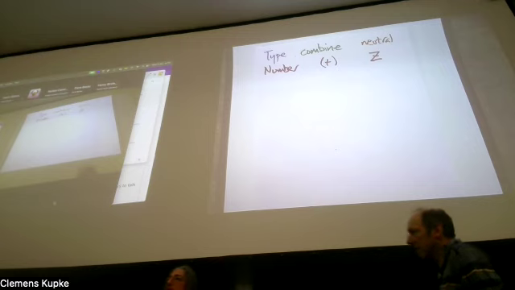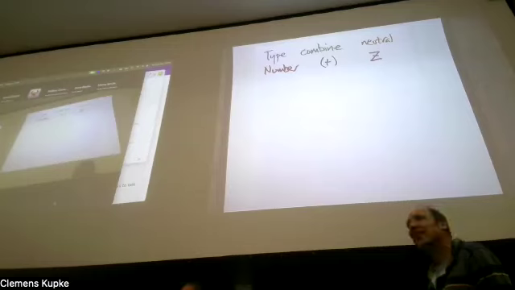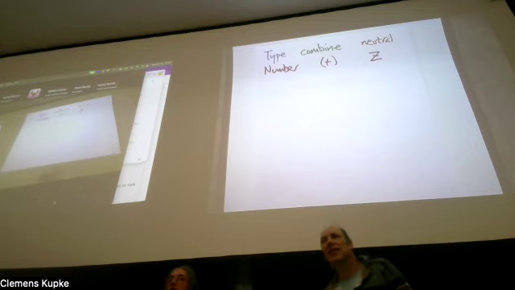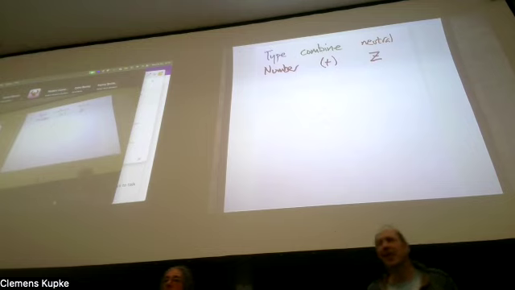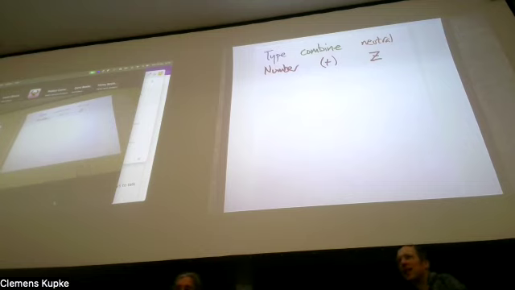So let's play Hunt the Monoid. Do we know any other monoids on numbers? Don't all shout at once.